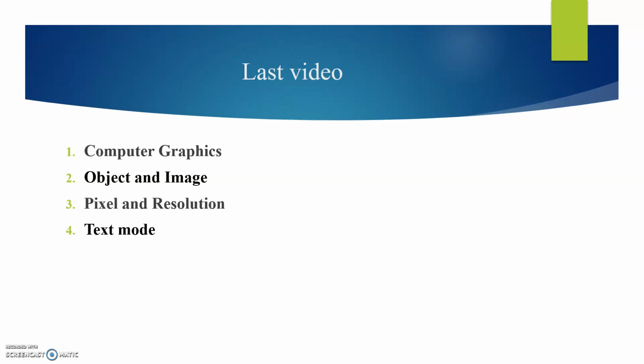Next, we started the text mode and graphics mode. These are the two modes of graphics: one is the text mode and the second is the graphics mode. In the last video, we studied the text mode. We have seen that text mode graphic functions are window, putch, clrscr, gotoxy, puts.